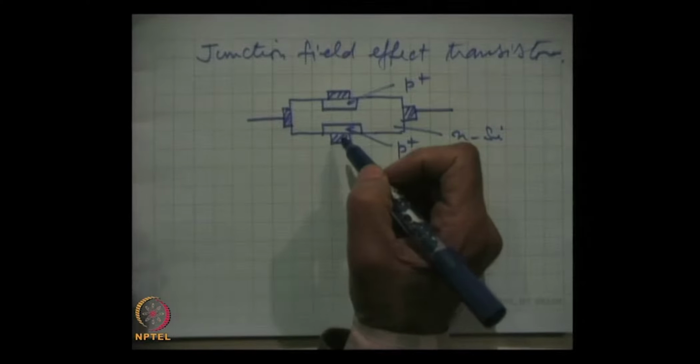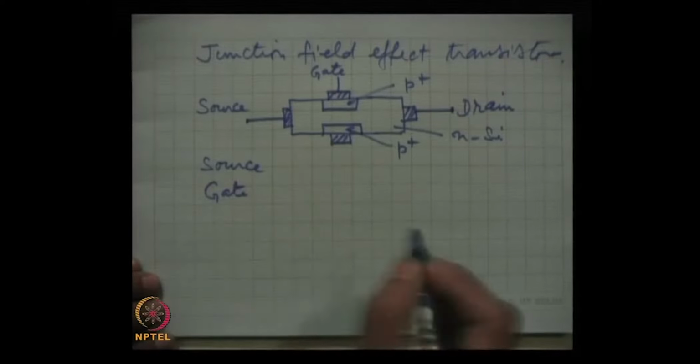And now what are these called? This electrode is called source, this is called drain, and this one is called gate. There we have emitter, base and collector. In FETs, and of course in the MOSFETs the same terminology, we have source, gate and drain.